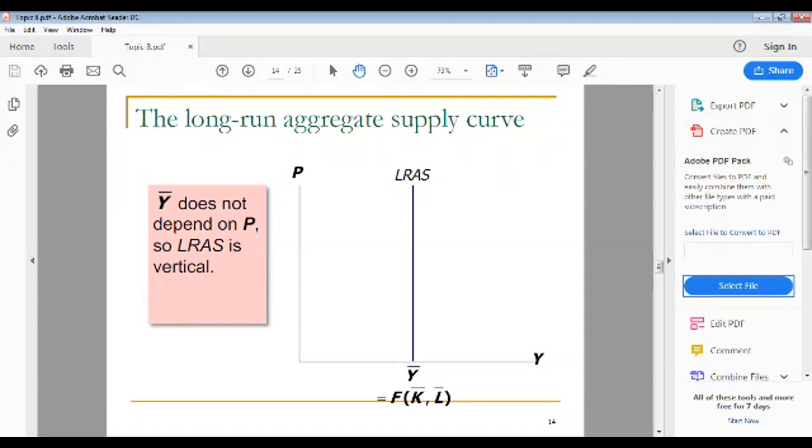In the long run, I am going to use 95% of my workers. 5% of my workers are going to be unemployed over the long run, right? And I don't know what the number is for capital, but let's say I'll use 90% of my capital. 10% of my capital will go unused for various reasons. Which means, and this is the important thing in the box, that in the long run, price does not matter. Prices are completely flexible.